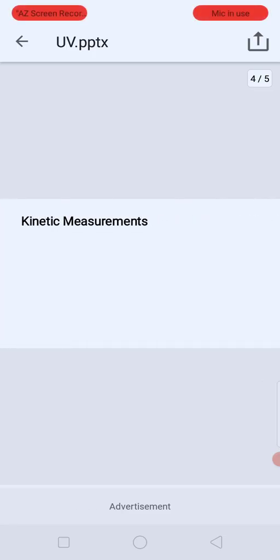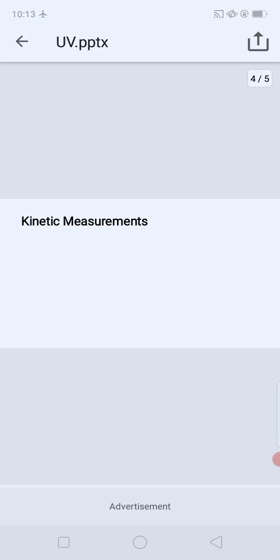The next one is kinetic measurement, that is, we can find out the rate of any reaction by the use of UV visible spectroscopy. UV visible spectroscopy provides a powerful tool for the determination of the rate of many reactions which involve a change in absorbing group.